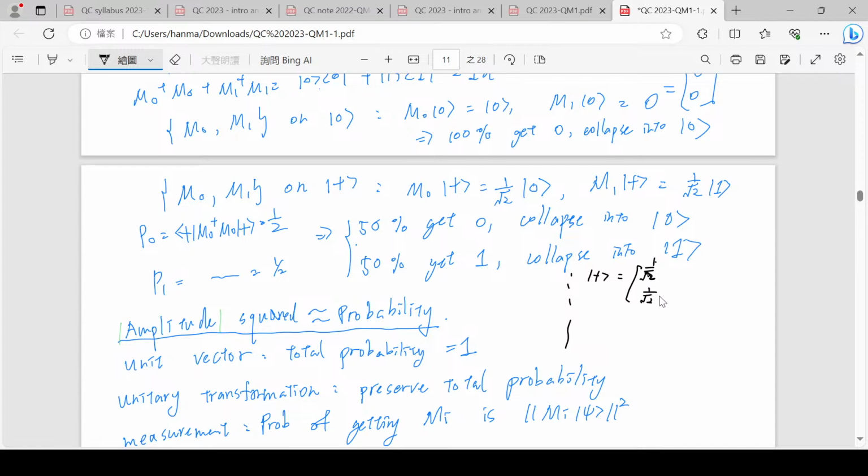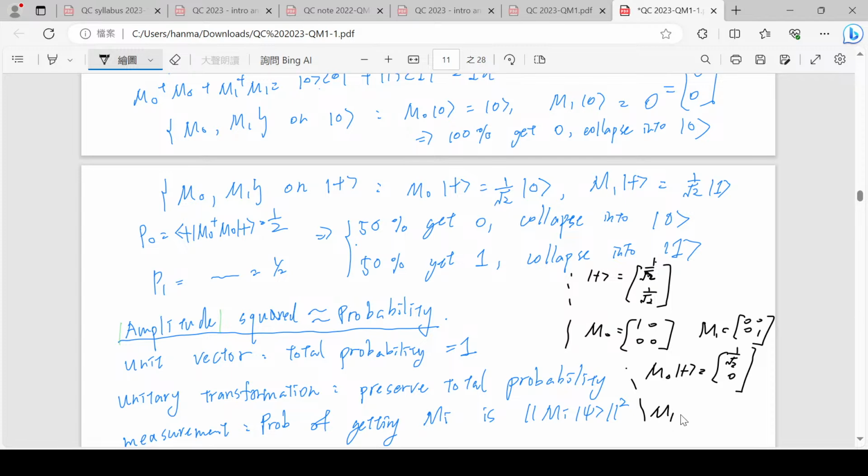1 over square root 2, 1 over square root 2. And this M0 is the projector onto 0, so it is [1, 0; 0, 0]. And M1 is [0, 0; 0, 1]. M0 on plus is just 1 over square root 2, 0.